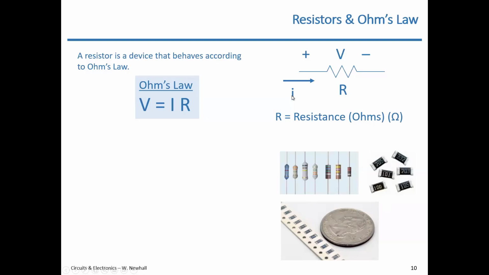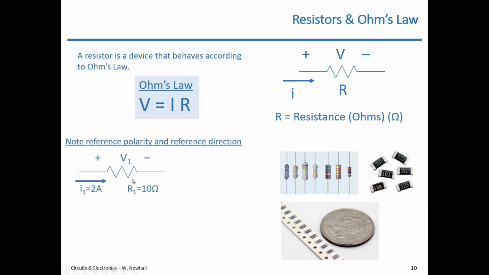One thing to note where I said you might get yourself in trouble is to note the reference polarity and reference direction whenever you're working with Ohm's law. For example, if I have a 10 ohm resistor and I've defined voltage V1 with plus on the left, minus on the right, and I have current I1 going from left to right through this resistor.